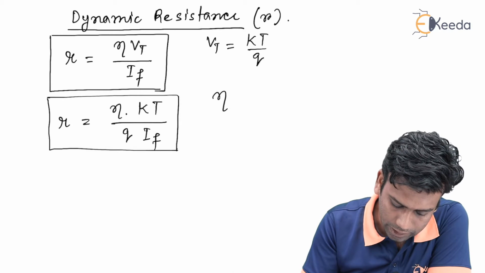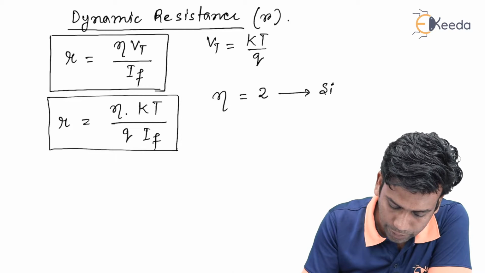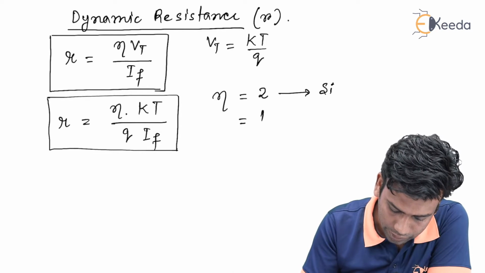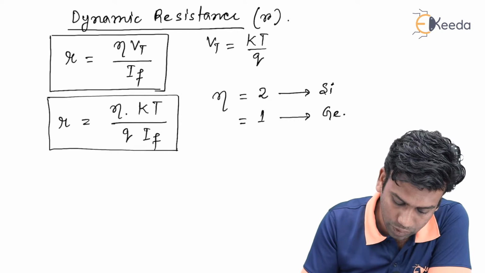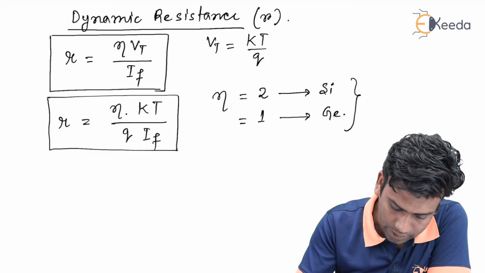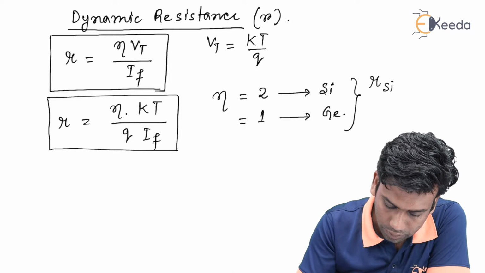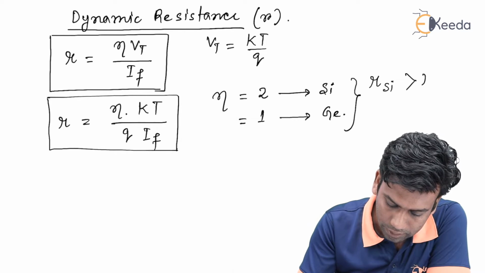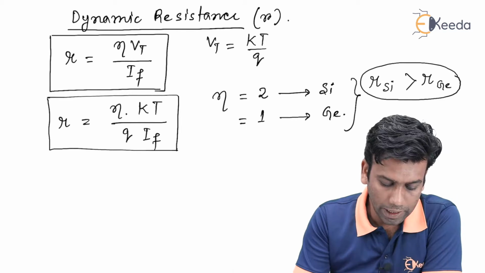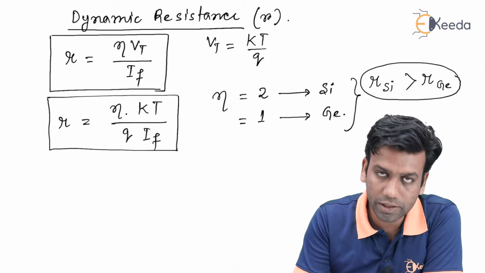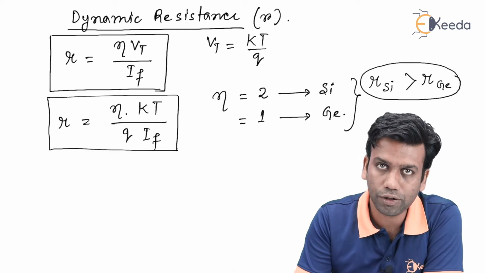Now we know that the eta value is 2 for silicon and 1 for germanium. That's why the diode AC resistance for silicon will be greater than that for germanium.